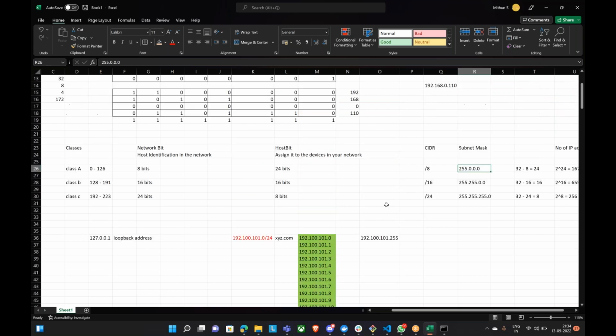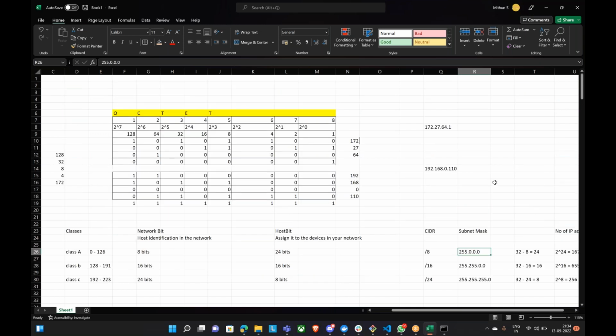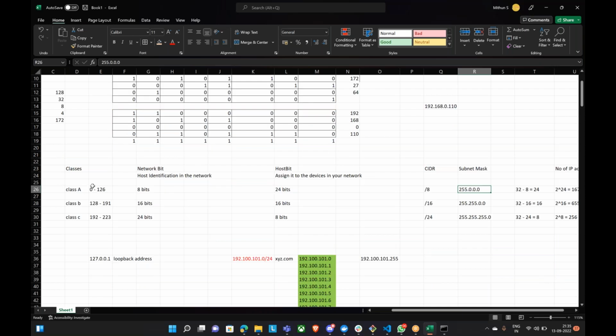Now with Classless Inter-Domain Routing, all the restrictions were lifted. What restriction? There is no fixed range. You can use any range you wish, pick 192 and use this subnet, no issues. It is up to you. And there was another breakthrough: they were not strict to only the first 8, the first 2, or the first 3.